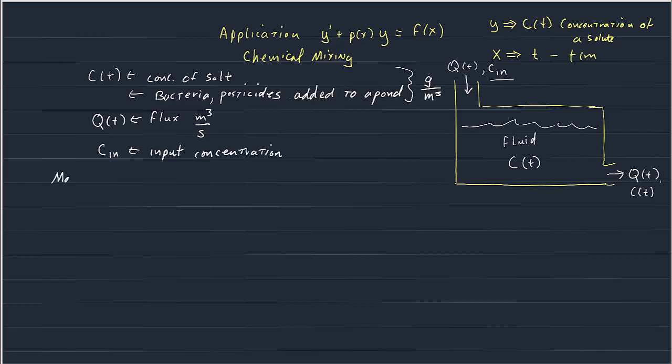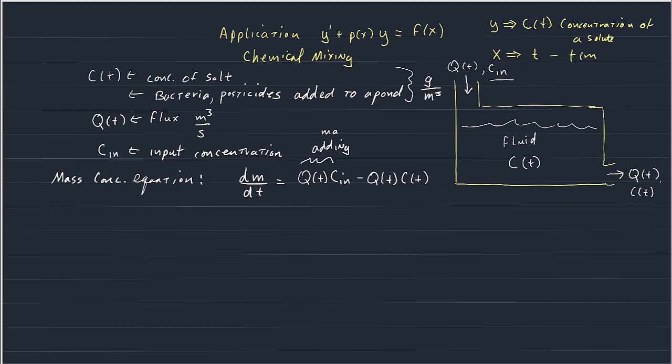So our mass conservation equation is the rate of change of mass of our solute is equal to the balance between what we're adding into our bath with the concentration of C in minus what we're removing from our bath with the concentration of C, which could vary as a function of time.